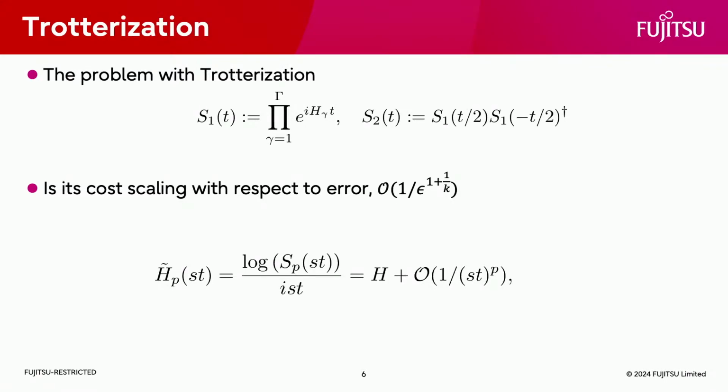However, for the kind of splittings to reduce the error on this Hamiltonian evolution, we need to increase the circuit depth, like 1 over epsilon, where epsilon is the target error of the operator, and we can do a similar signal processing using this kind of approximated evolution.